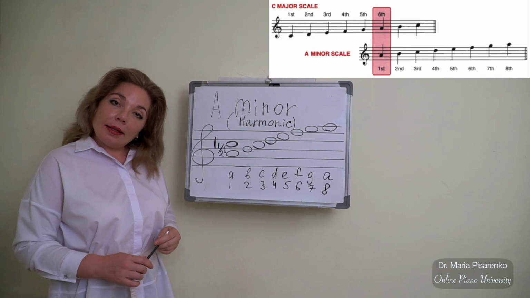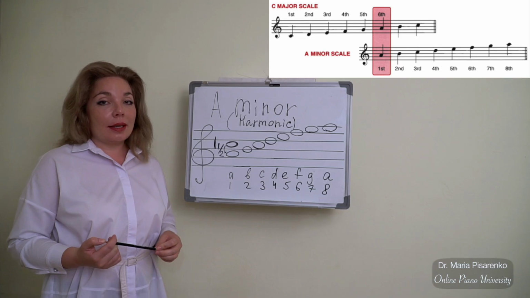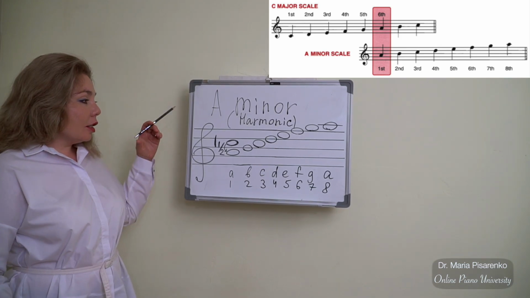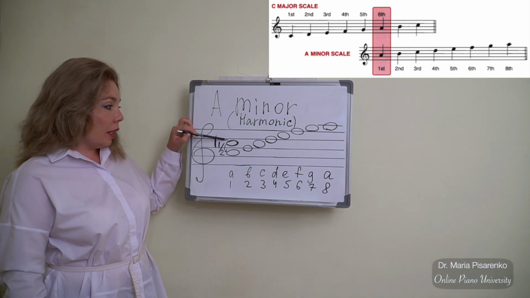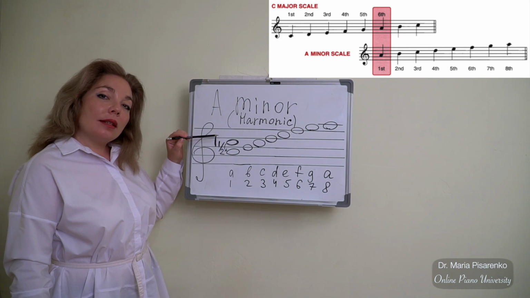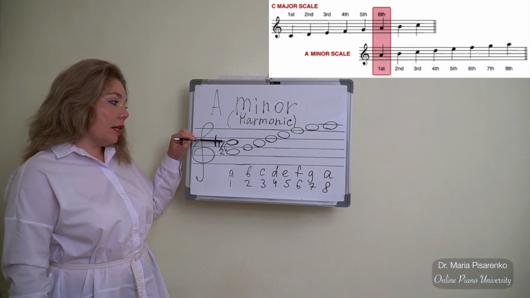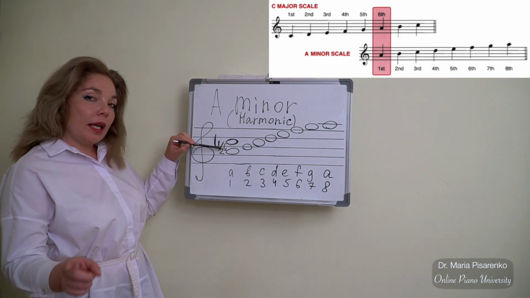How to find a relative minor for a major key? Let's look at the board. We have C note here, it's a C. And to find a relative minor for the C, we have to go down on the keyboard.